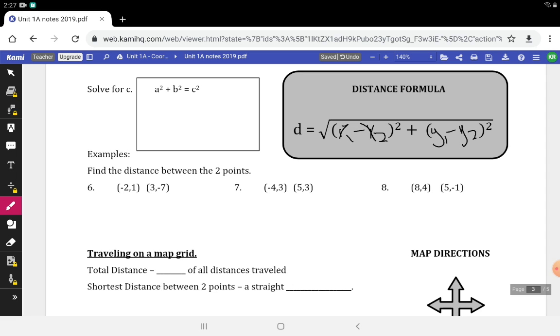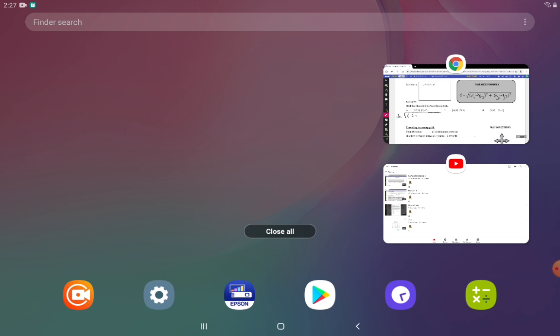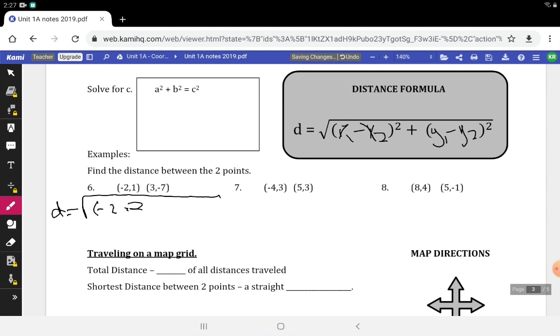I'll pick 6 and 8. So we just substitute in, we say d equals the square root of negative 2 minus 3 squared plus 1 minus negative 7 squared. 2 minus 3 is negative 5.